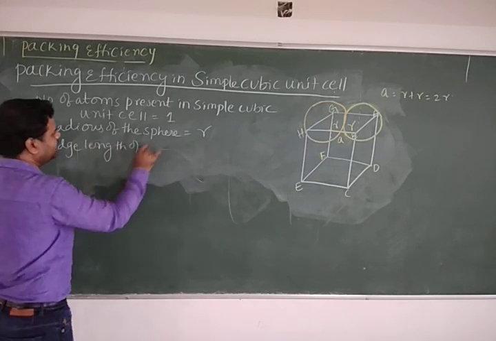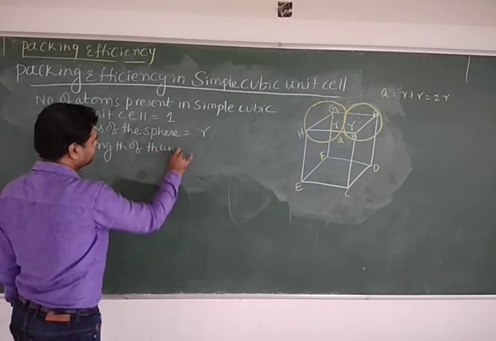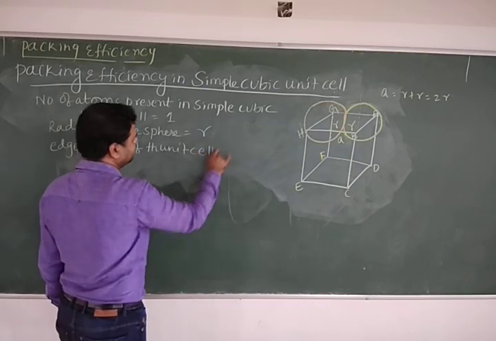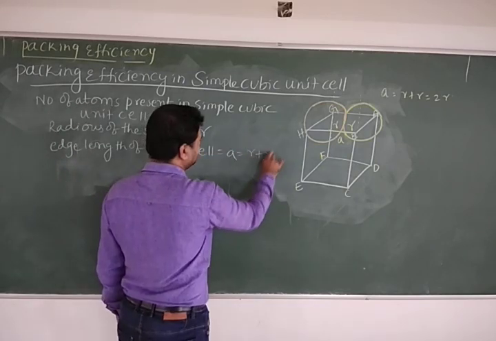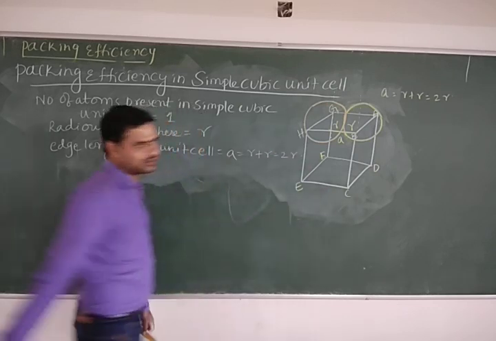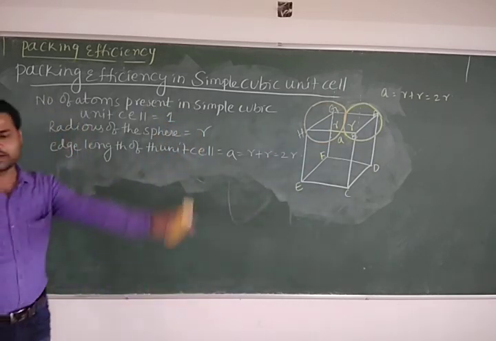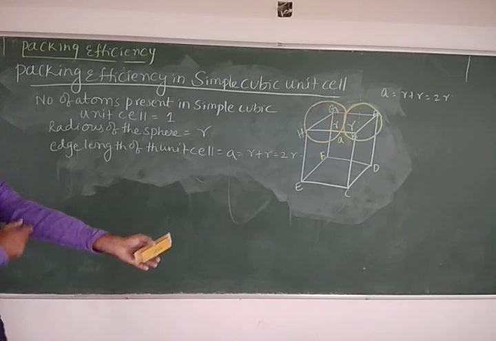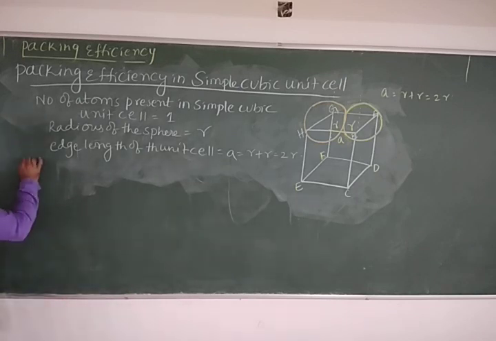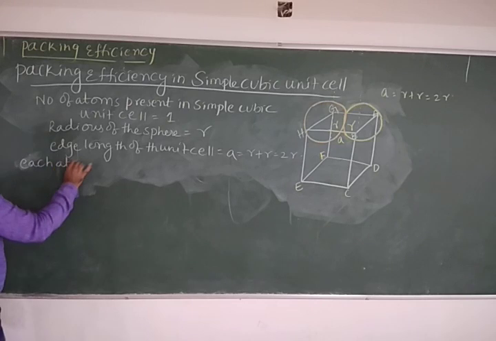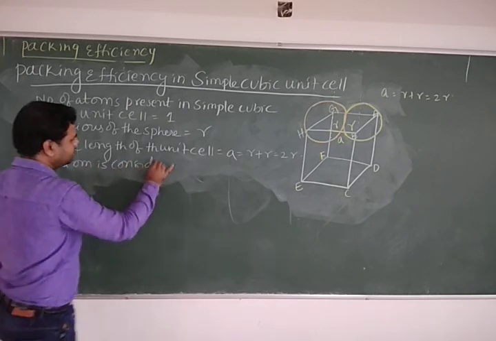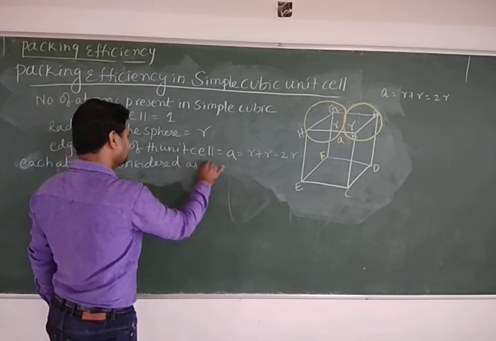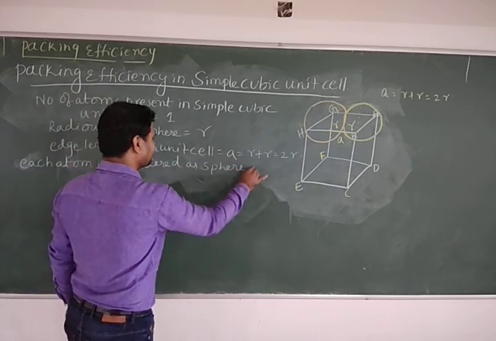Next, edge length of the unit cell. Edge length of the unit cell can be taken as what? a. That value is equal to r plus r, which is equal to 2r. Is it clear to you now? And now we are also taking each atom as considered a sphere.